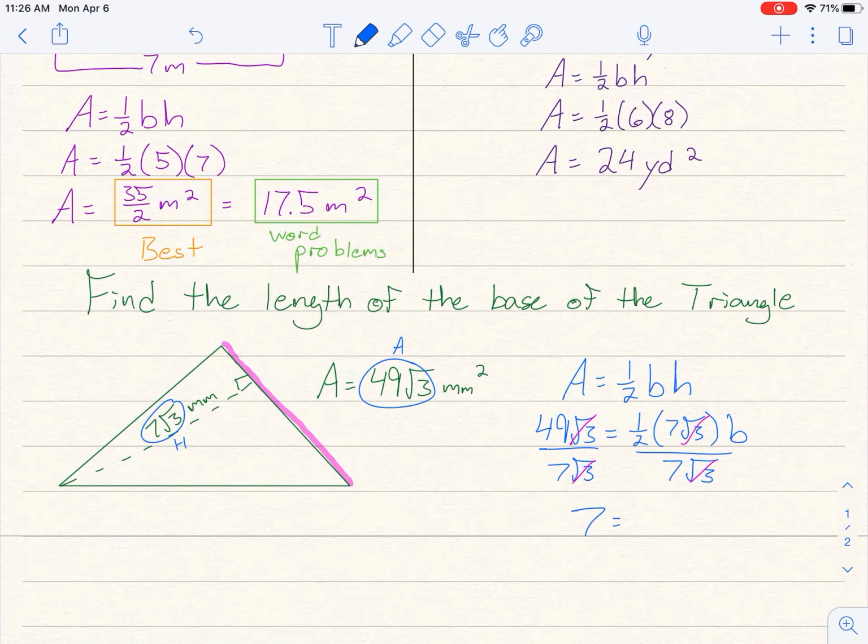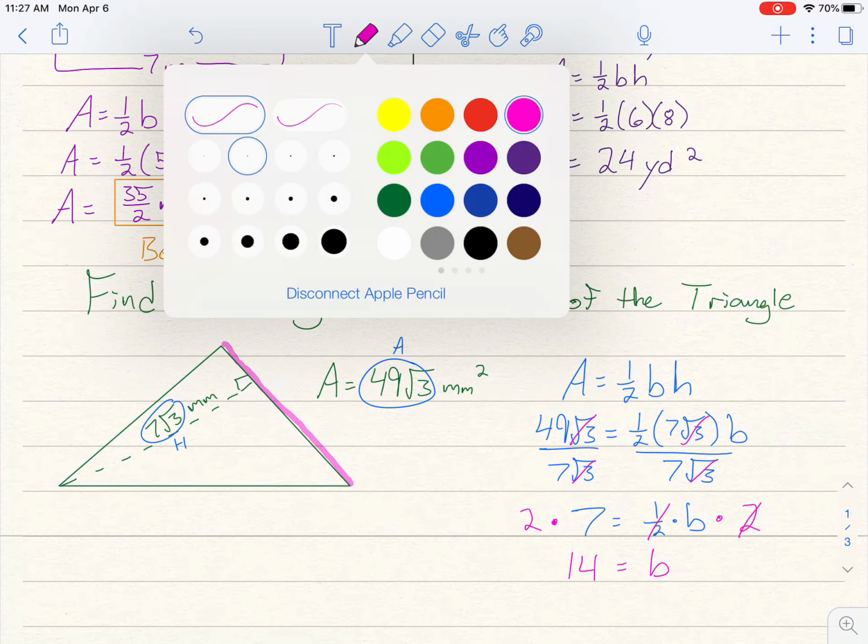So that gives me 7 is equal to 1/2 times base. And then the way that we can get rid of that half, rather than dividing by a fraction, I can multiply by the reciprocal. So I'm going to multiply both sides by 2. And then I get 14 is equal to the base.